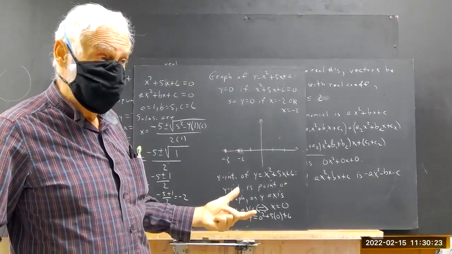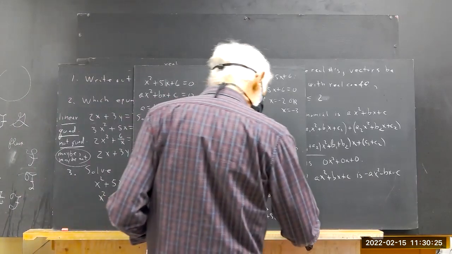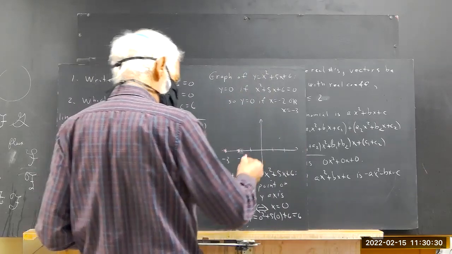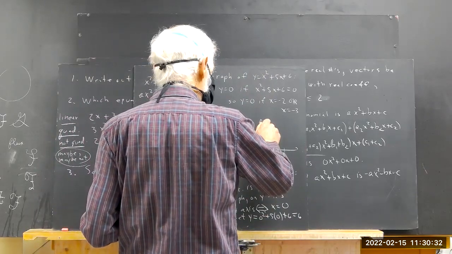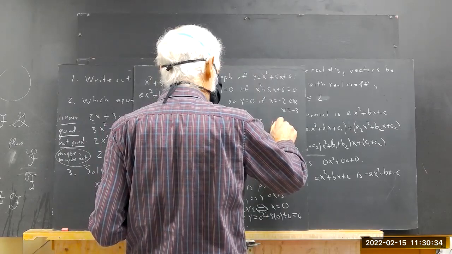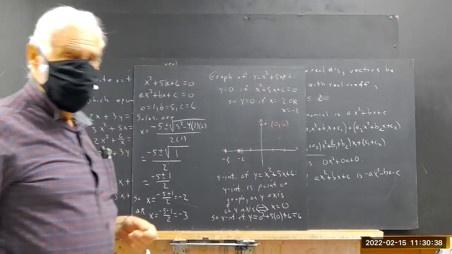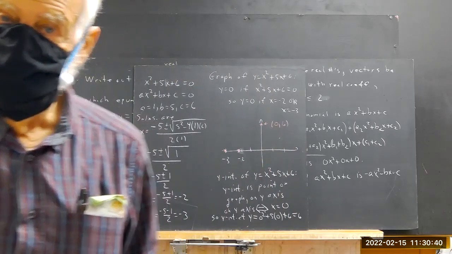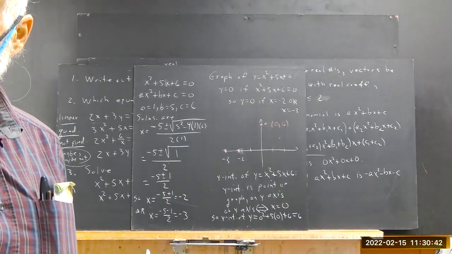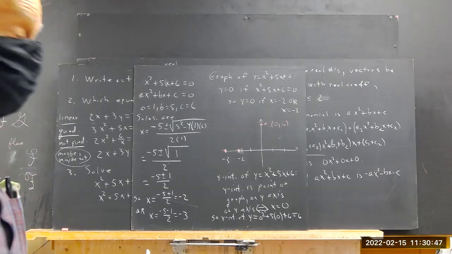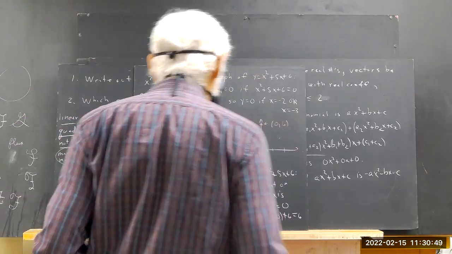It's 6. So this point is 0, 6. At this stage, then we know that this graph is not a straight line, is it? Okay. It can't be a straight line.